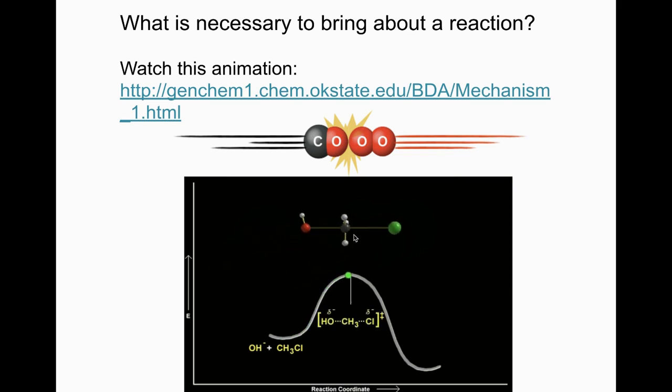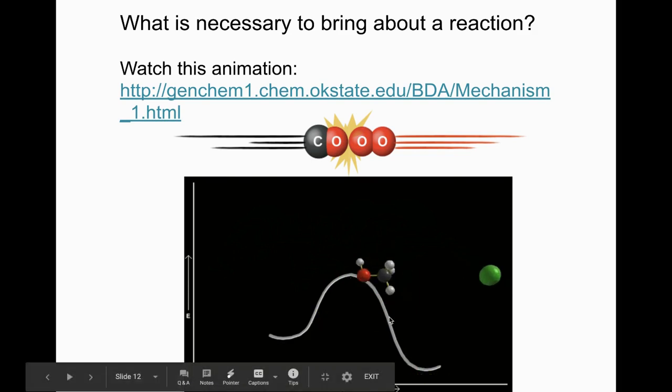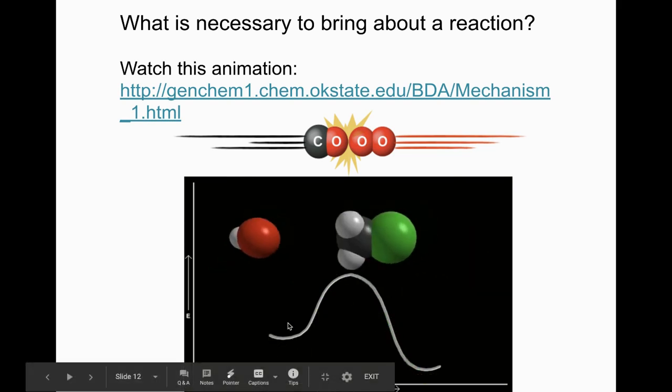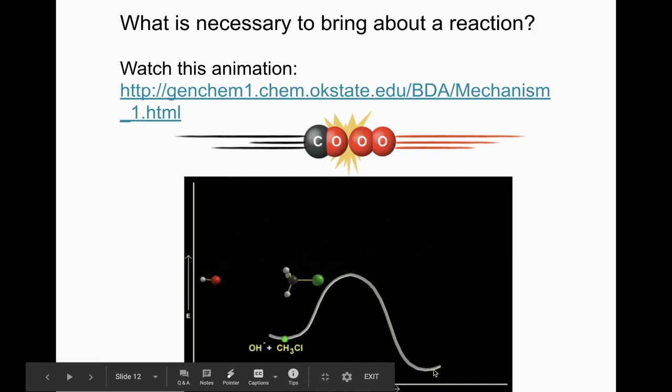And as the reactants get closer to each other, bonds are broken and formed as it gets over this most energetic area where the bonds are most strained or most stressed, and returns to a point that is lower in energy as the products are formed.